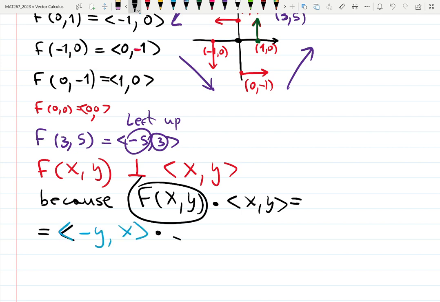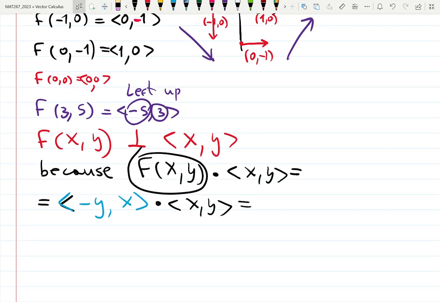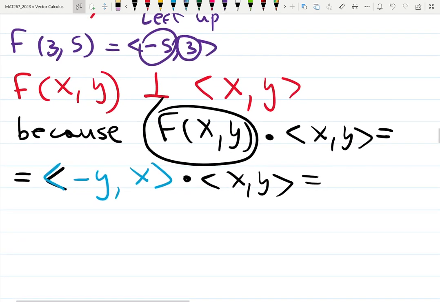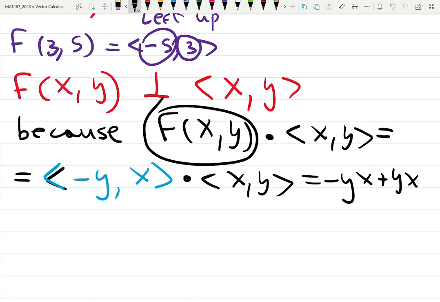The second term is x comma y. If you multiply it using the dot product properties, you will have -yx plus yx gives you 0. If the dot product gives you 0, those two vectors are perpendicular. That is the idea.